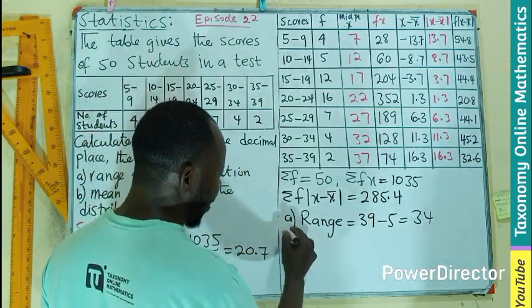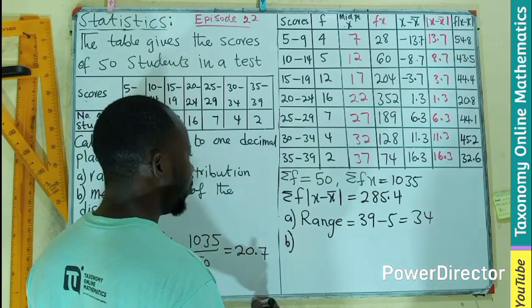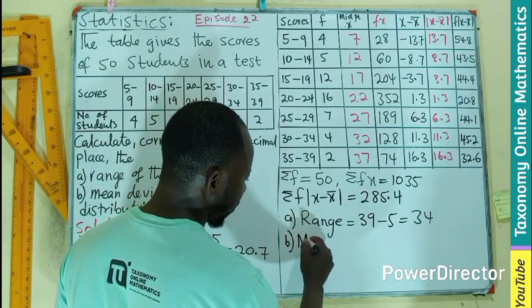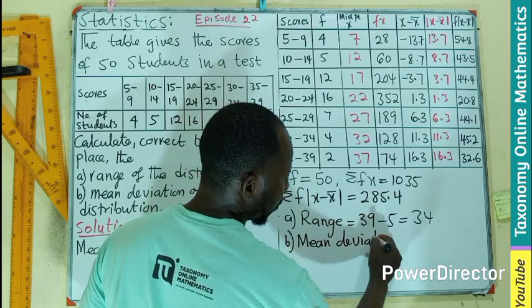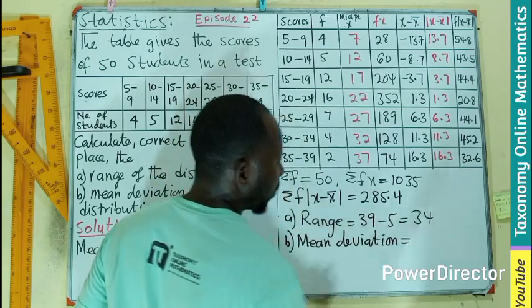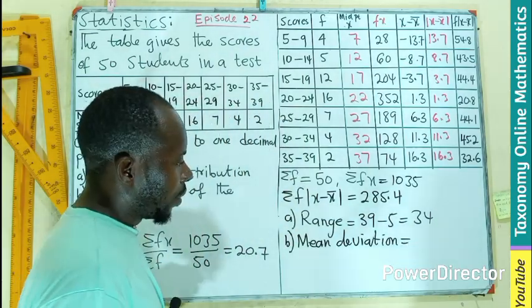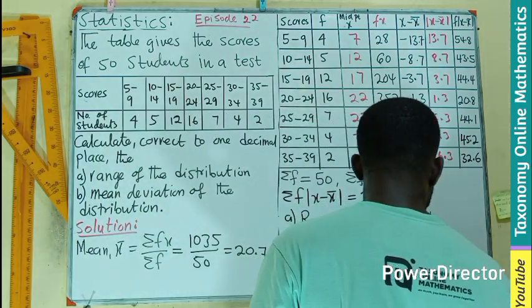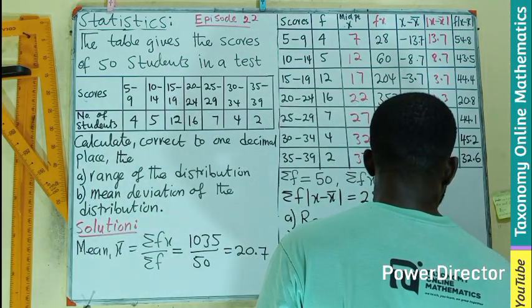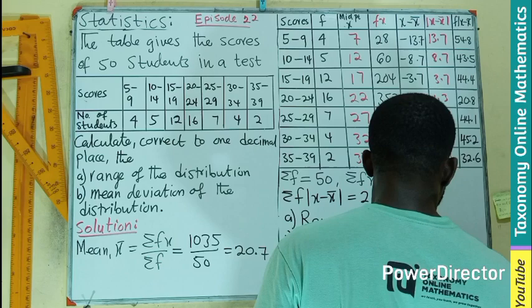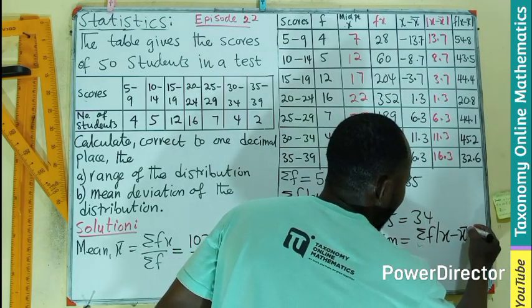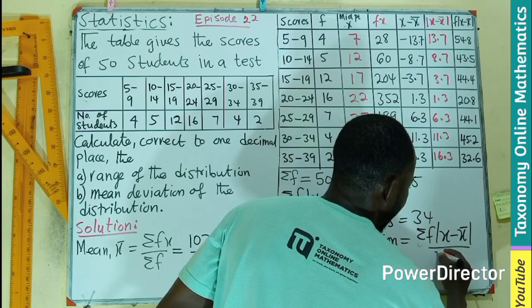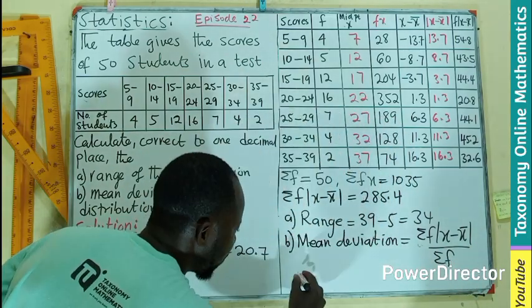So for the B part, which is mean deviation. Remember the formula we quoted in the beginning was just sigma f times absolute x minus x bar, all divided by sigma f.